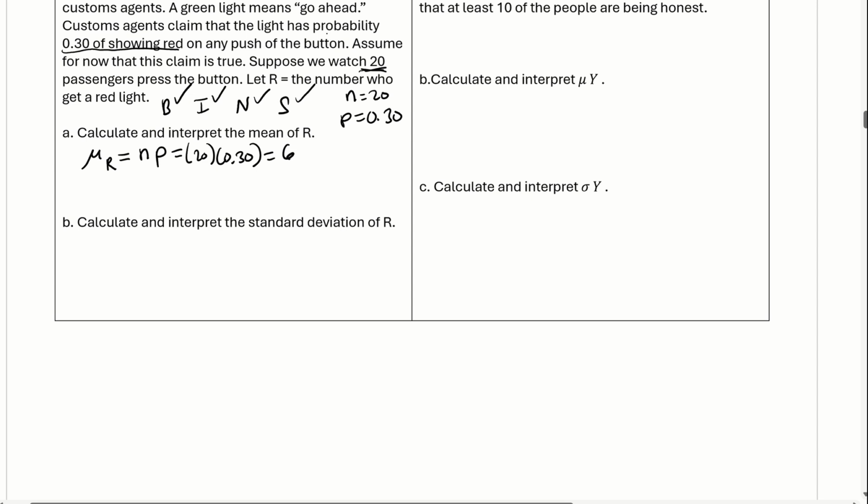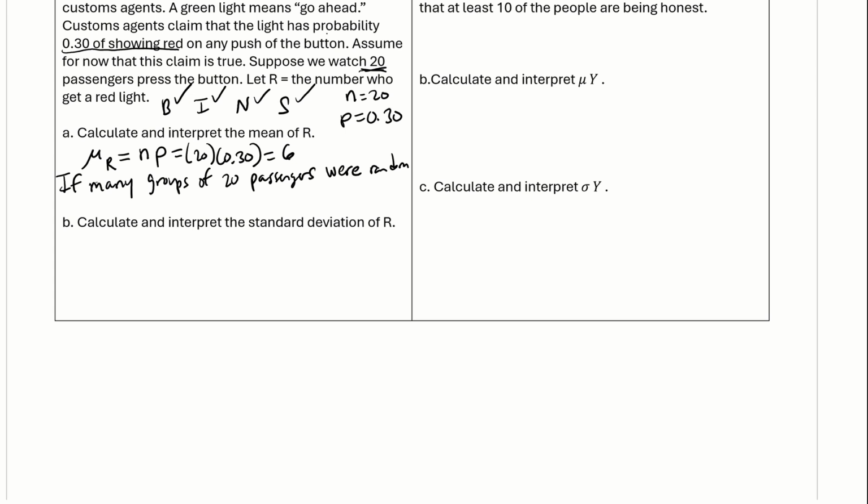So: if many groups of 20 passengers were randomly selected, the average number who would get a red light is about 6. All right, so there's your interpretation.